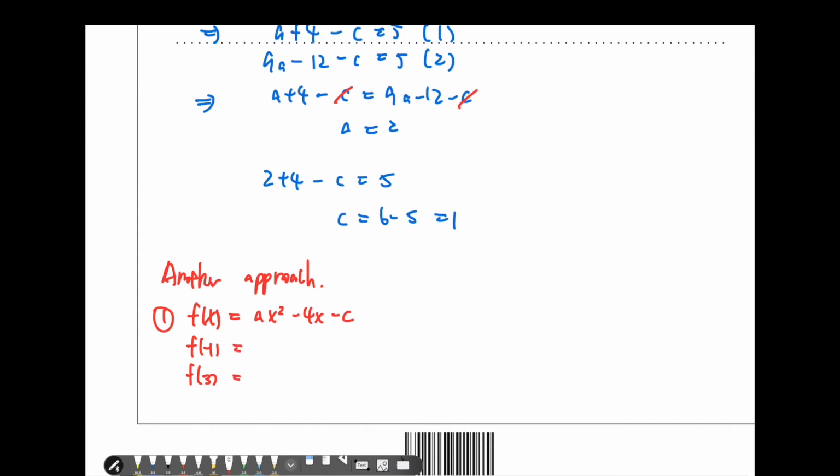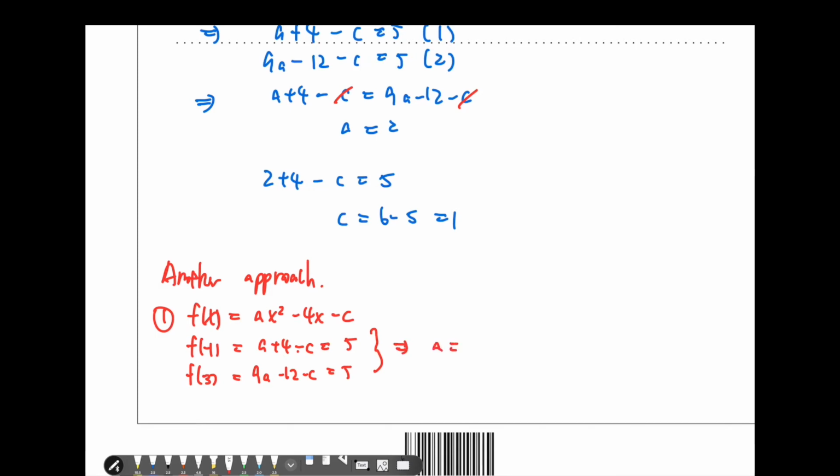That is equal to a plus 4 minus c, and this one is 9a minus 12 minus c. That is 5, that is 5 all together.